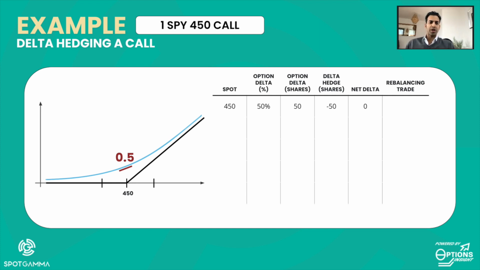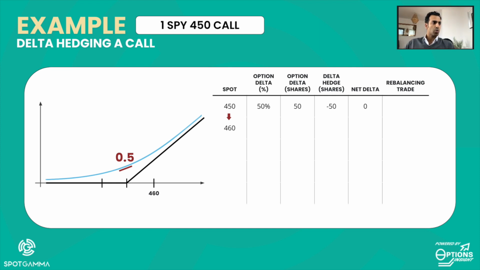So once we do that initial short trade of 50 shares, that means we are delta neutral, we are delta hedged. It's called a flat delta position. Now, suppose the market moves up to 460. So the market goes from 450 to 460. Well, we can see on the diagram what happens.